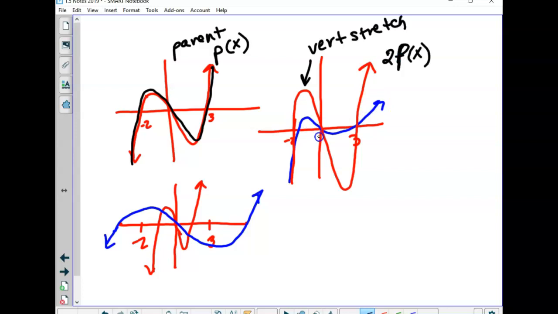What is the blue one? Did the x-intercepts change? I'm talking about this blue one. Are you talking about the same blue one I am? Sorry. I'm talking about this blue one. The x-intercepts didn't change.